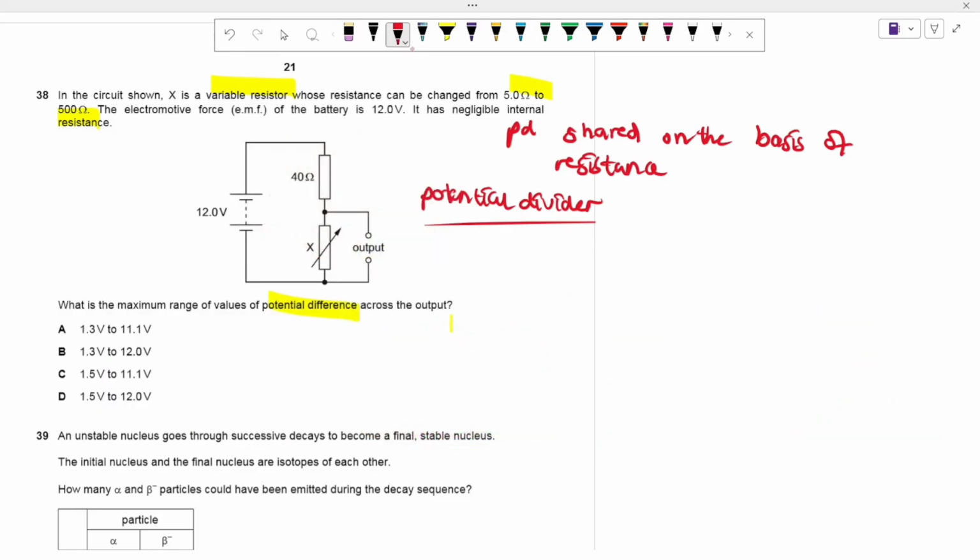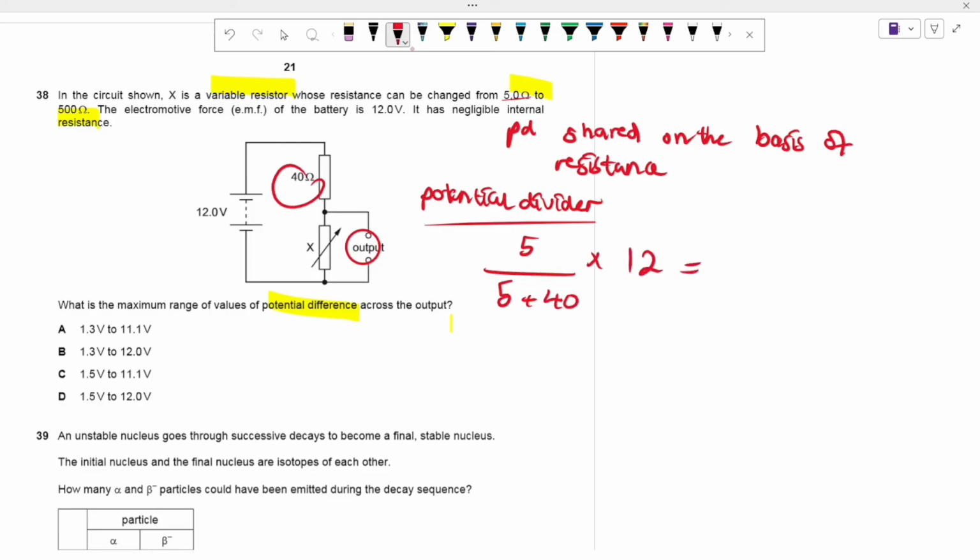In a similar sense, if you want to find out how much potential one resistor gets, in this case, we're going to vary it from 5 to 500 so that we can get an output here. We're just going to start with 5. So we have 5 divided by 5 plus 40, times what we're sharing, which is 12.